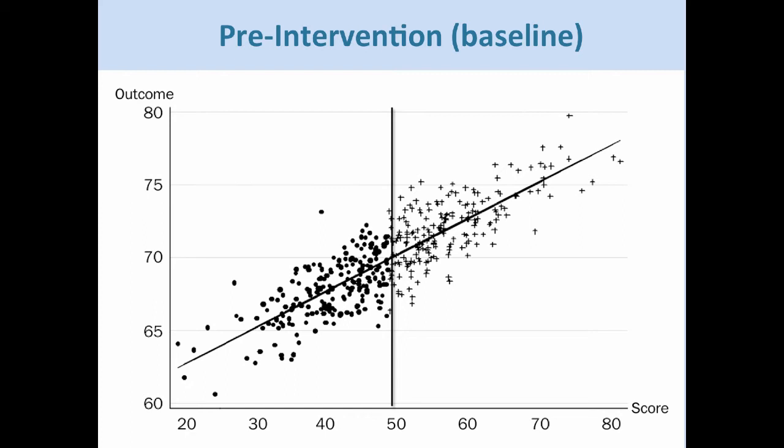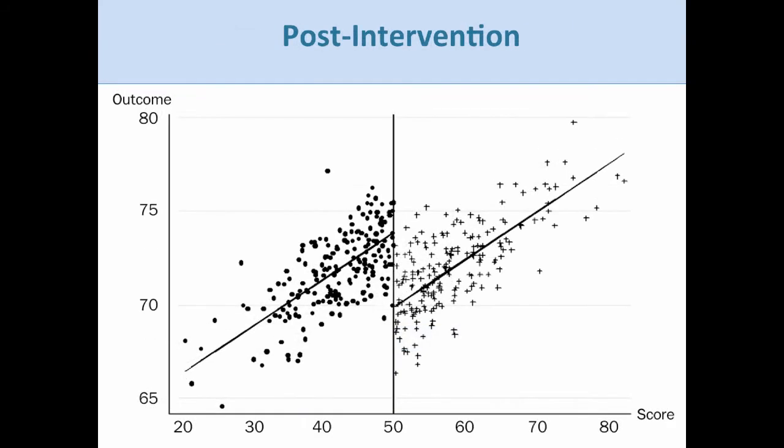And so we're going to compare outcomes of those just above to outcomes of those just below the cutoff. Indeed, if we look post-intervention, what we would expect to see at the discontinuity is a difference. And that difference right at the discontinuity is the impact.